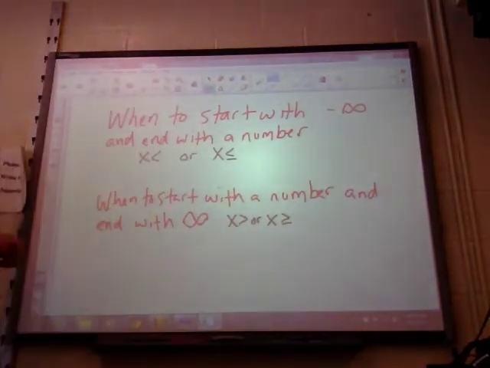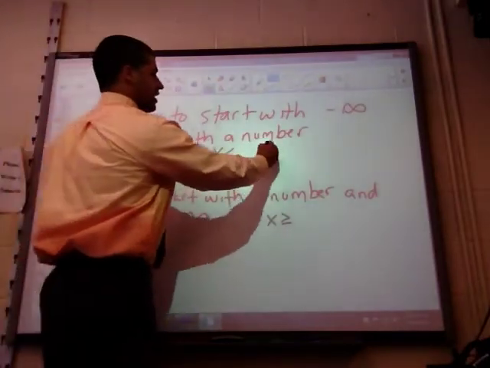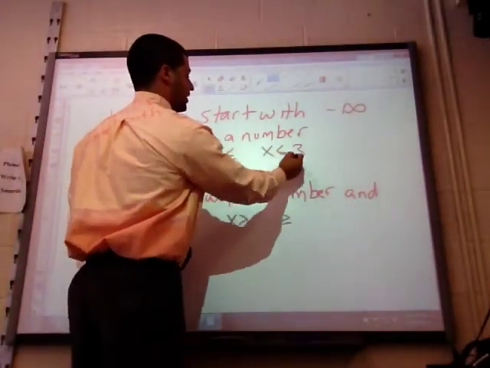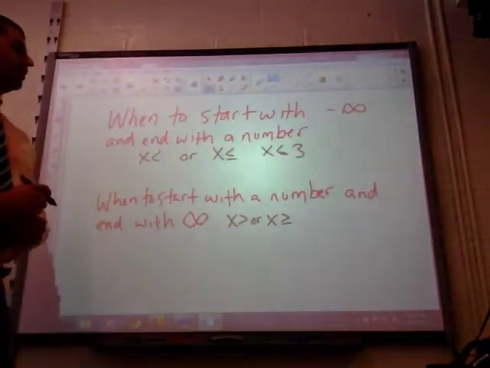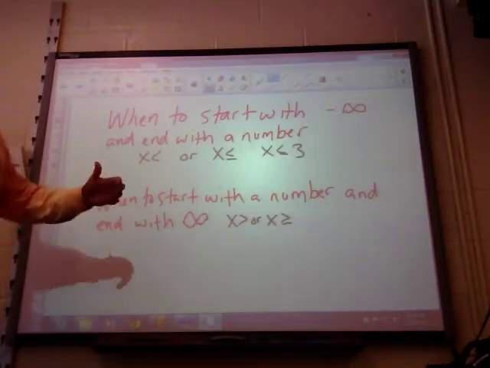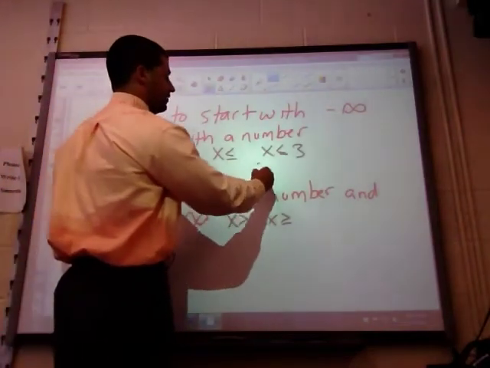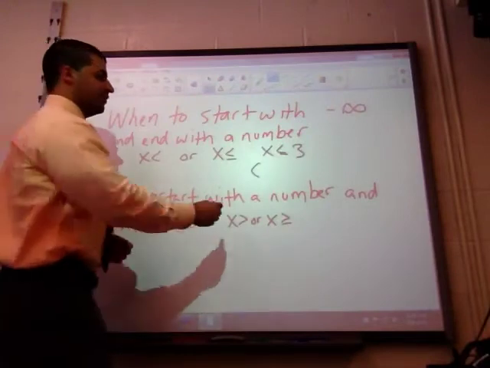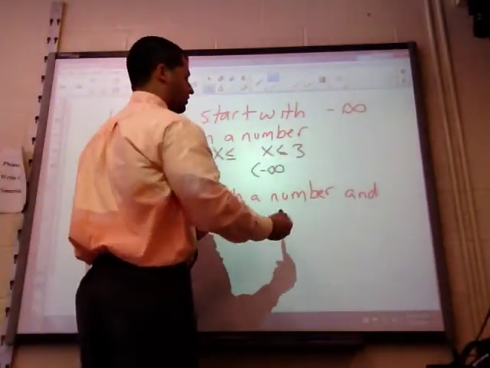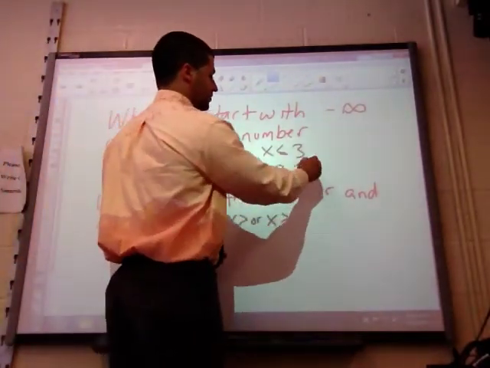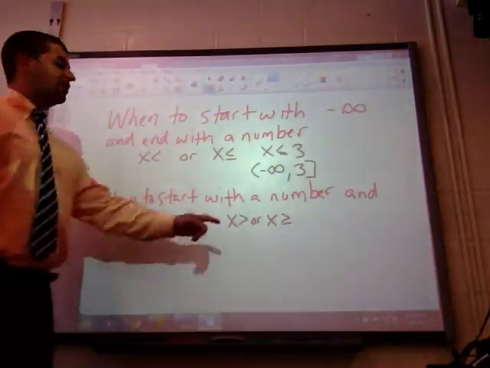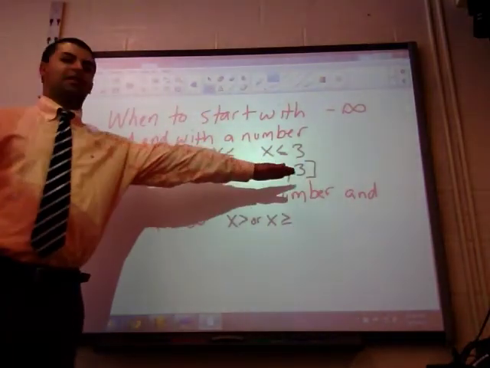So let's try an example here. Say x is less than or equal to 3. These are all numbers less than or equal to 3. So we have to believe that the lowest possible number, negative infinity, would fit in the set of numbers less than or equal to 3. Right? We start with the lowest number possible and go to the highest number possible.